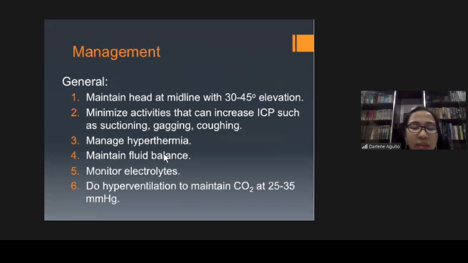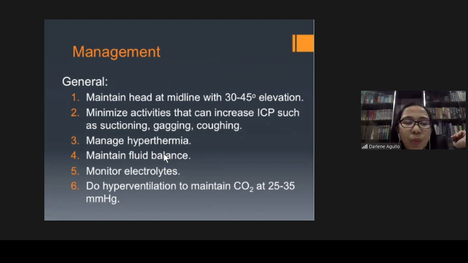So the general management of increased intracranial pressure includes, number one, maintaining the head at neutral midline position with 30 to 45 degrees elevation. This is to facilitate venous drainage through the jugular veins.